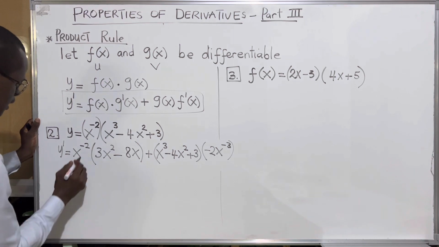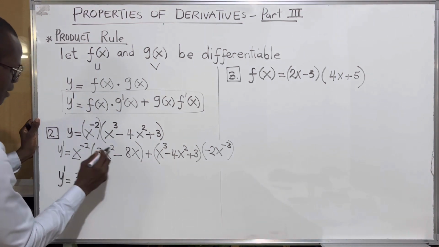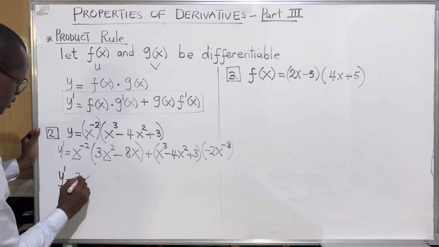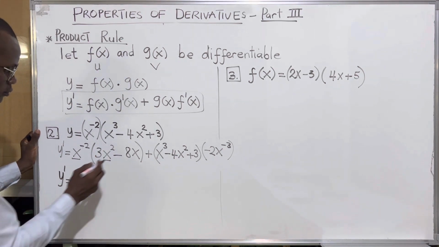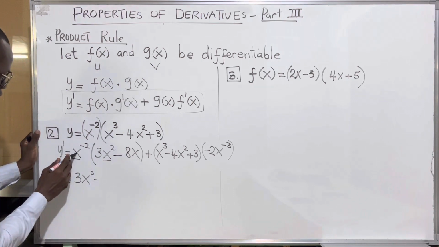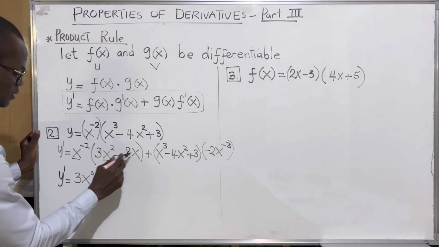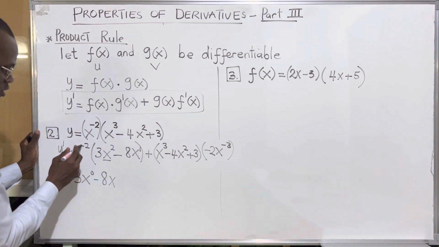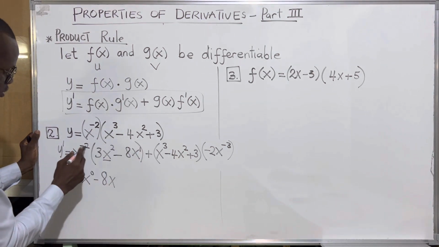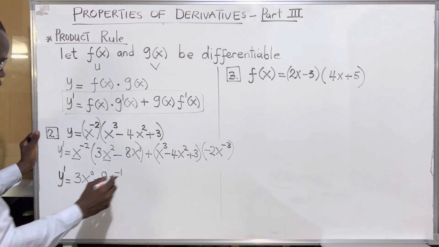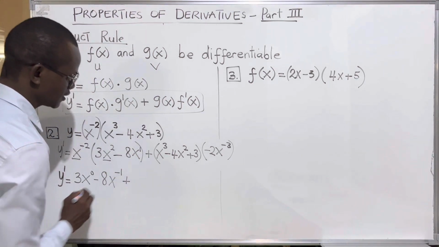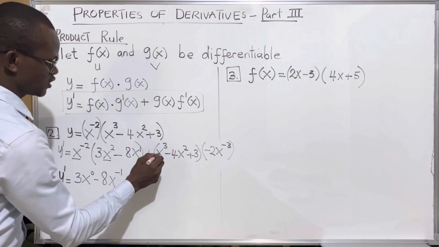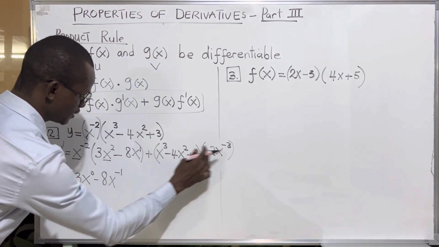So it's 3, and multiplying these, you add the powers, so minus 2 plus positive 2 is x raised to the power 0, minus x squared times this one, so it's 8x. Now the power here is 1 and the power is minus 2, so 1 minus 2 is just minus 1. We come to this side, we have plus minus x to the minus 3 times this first one, so we have a negative now.